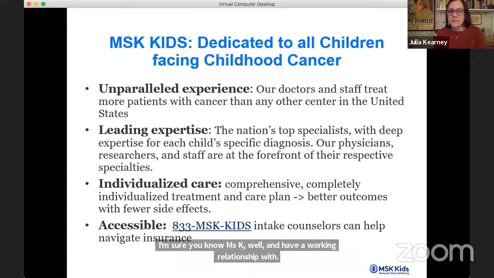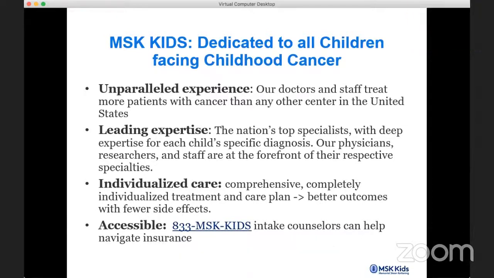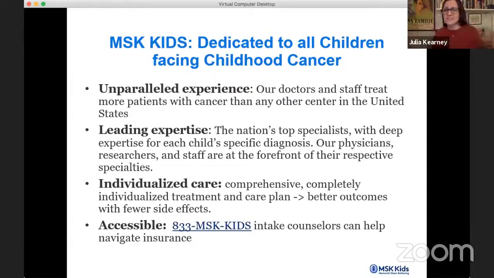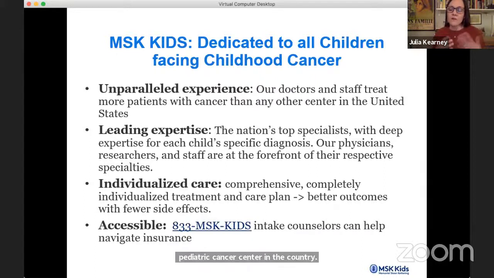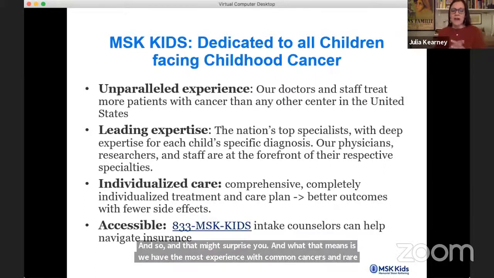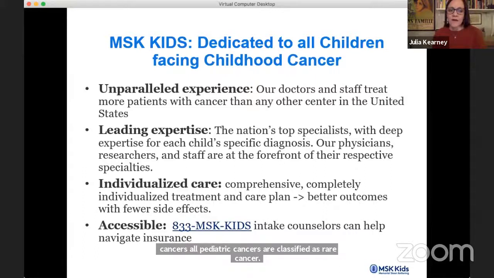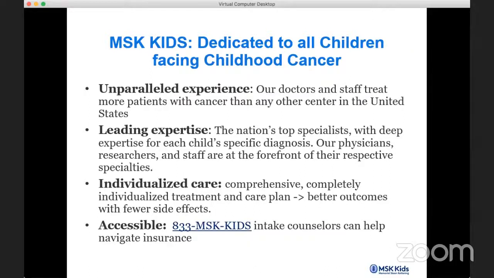What that means is we have the most experience with common cancers and rare cancers. All pediatric cancers are classified as rare cancer. So, to get down to things that are common in children, it's still rare overall. And then you get to the things that are really rare or really difficult, and then you're really talking about handfuls of cases, and Sloan Kettering is really a leader in those kinds of situations.